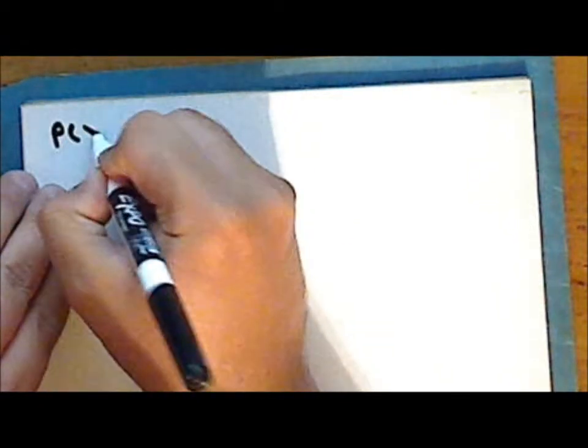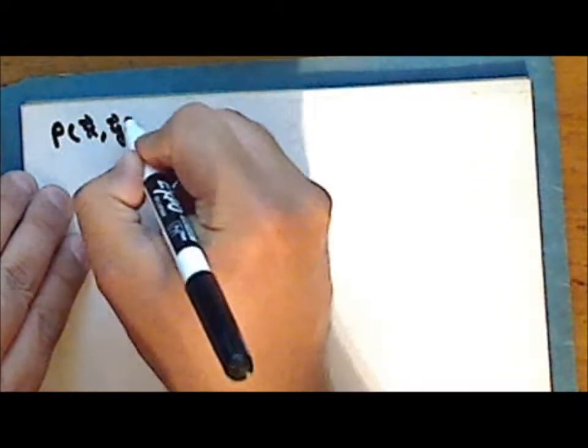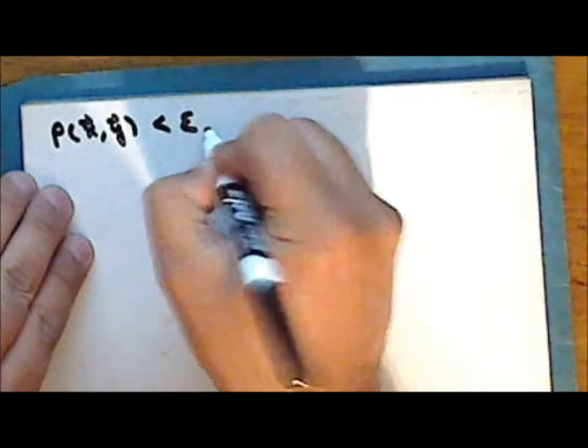Then the distance in the uniform metric between x and y is less than epsilon.